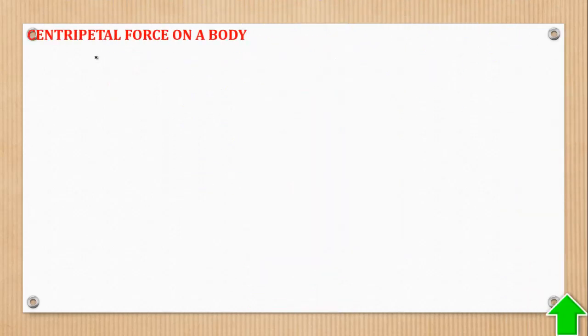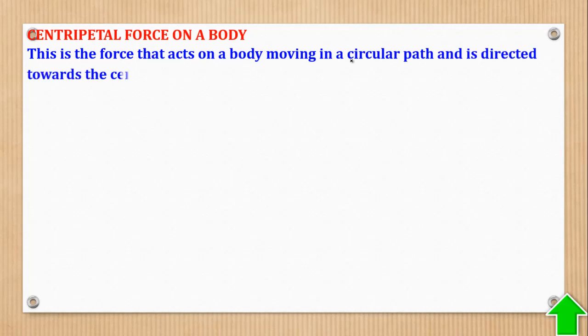Then next is centripetal force on a body. So this is the force that acts on a body moving in a circular path and is always directed towards the center. So the direction of centripetal force is the same direction as centripetal acceleration. Both are always towards the center.